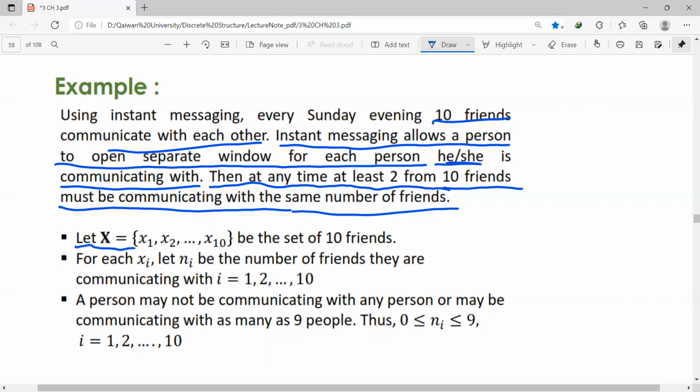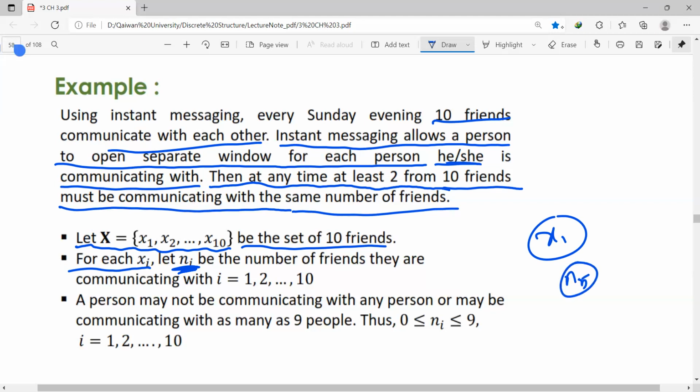We let X be {x1, ..., x10}. These are the 10 friends. x1 is the first one, second one, up to the 10th one, a set of 10 friends. For each xi, let ni be the number of friends they are communicating with. Here, let's say student number 1 is communicating with 5 people, let's say n1 = 5.